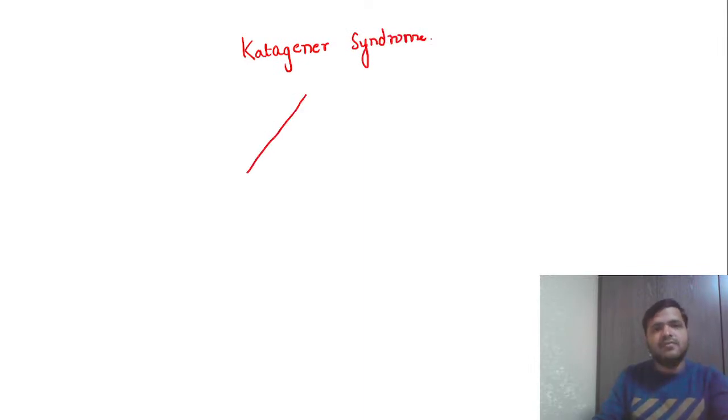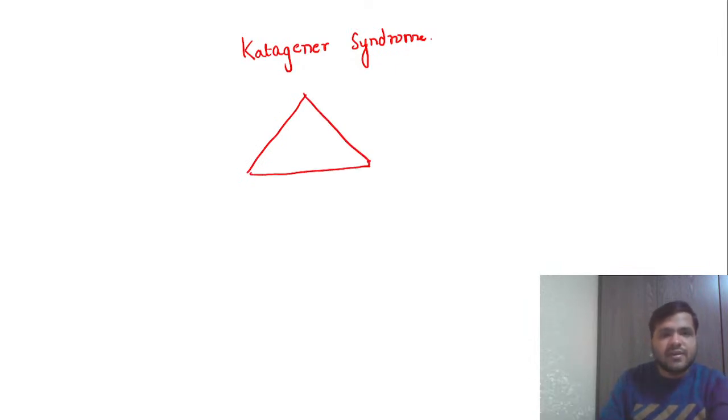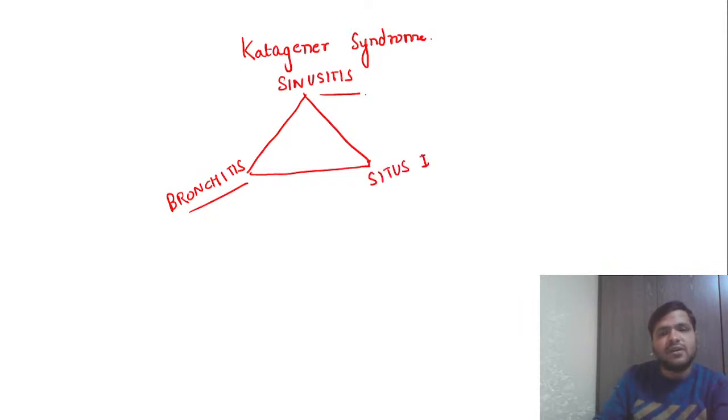What you will see, we will have sinusitis, we have bronchiectasis or bronchitis, that is the inflammation of the bronchioles and the sinuses. And apart from that, we have situs inversus. So this is the triad in Kartagener syndrome.